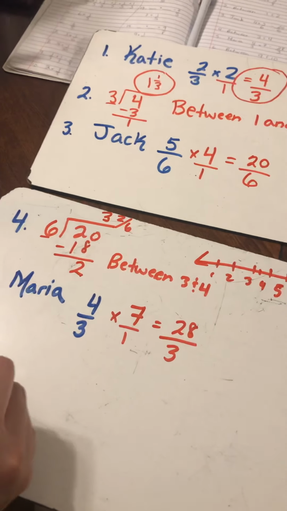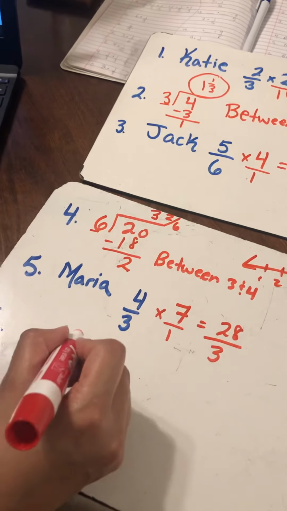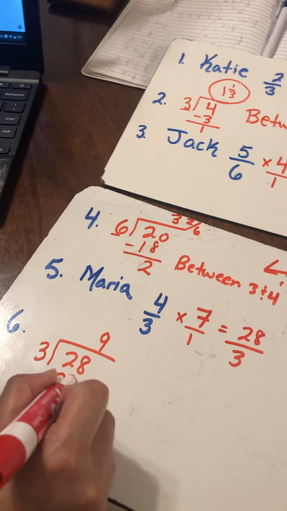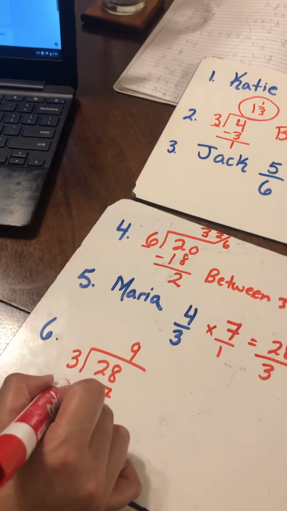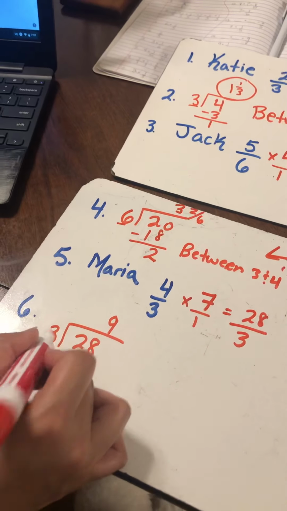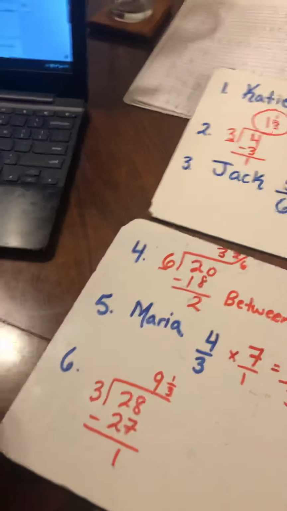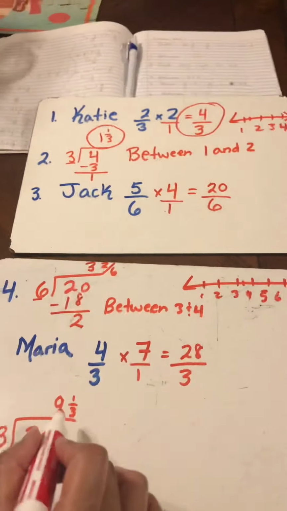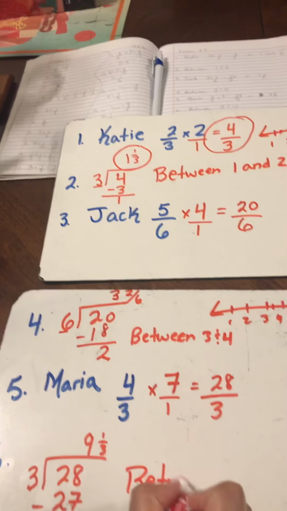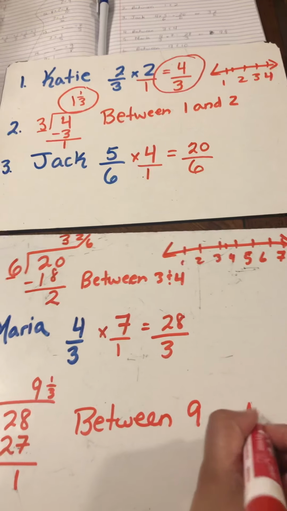So I'm going to divide 28 divided by 3. 3 goes into 28 9 times. 9 times 3 is 27. Subtract, and I have a remainder 1. I'm going to put my remainder over the divisor. So 9 and 1/3. So if I have a number line, boys and girls, what number is 9 and 1/3 in between? Hopefully you're thinking it's between 9 and 10.